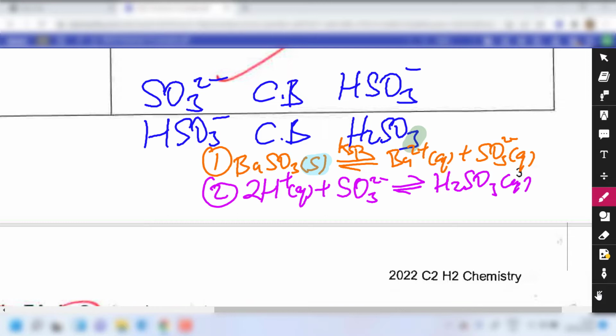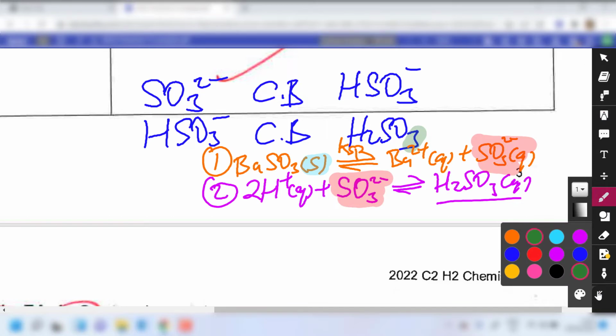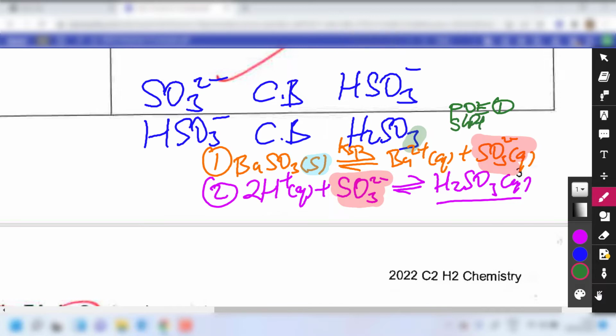So in this case, we are forming H2SO3, and the formation of H2SO3 will consume SO3 2- from the first equilibrium. In turn, it will cause the position of equilibrium of 1 to shift to the right.